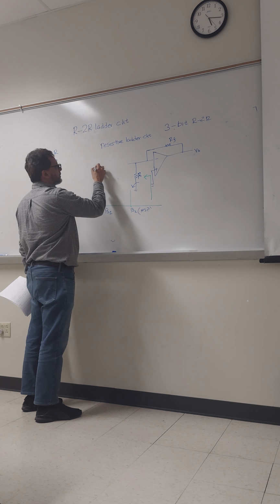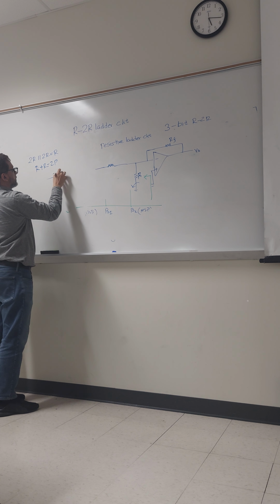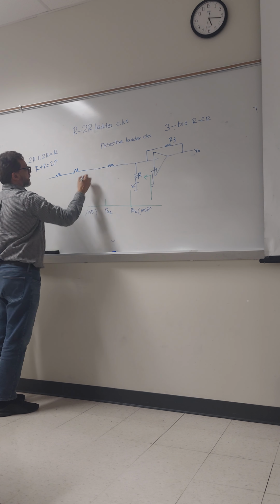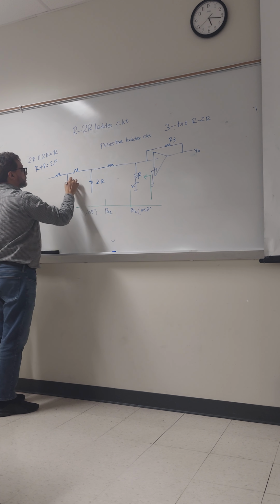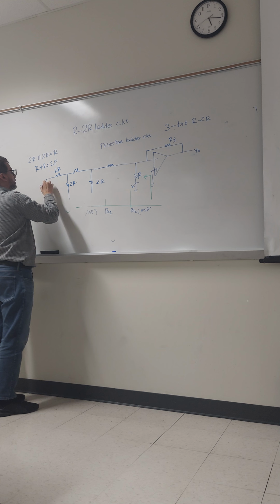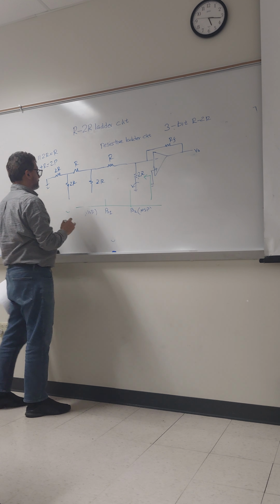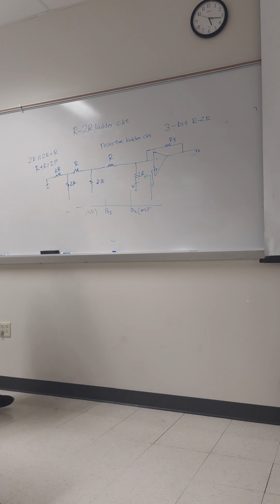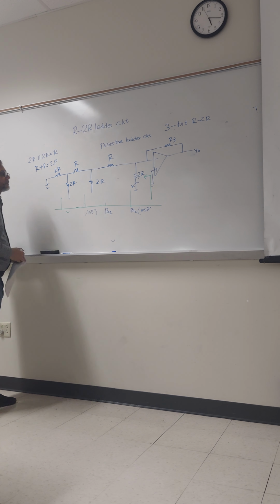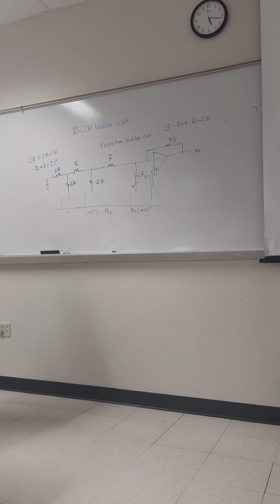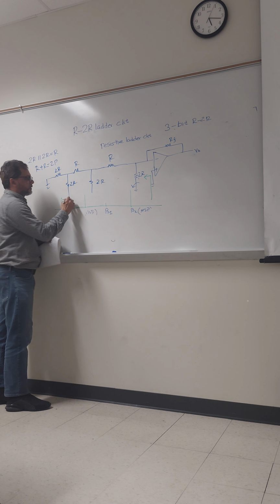So if I again draw this one, we have 2R, 2R, and 2R, twice R, R. These two resistors will connect either to the reference voltage or to the ground, depending on our input code.